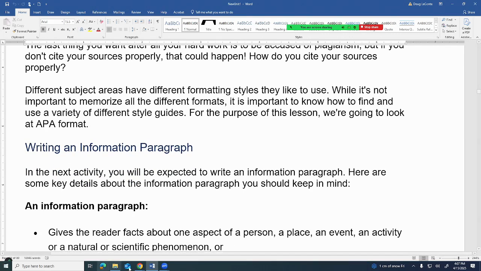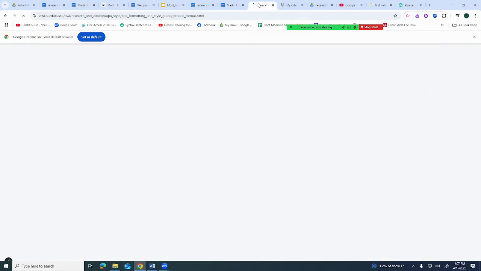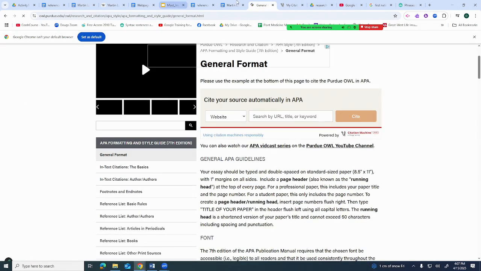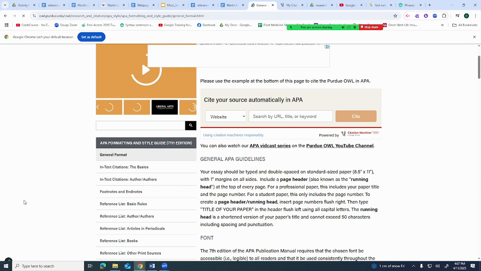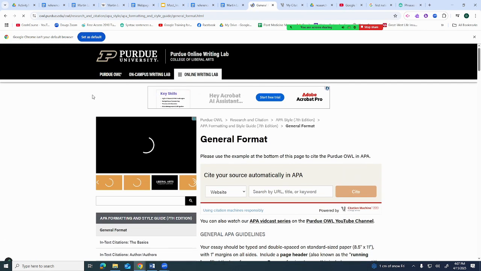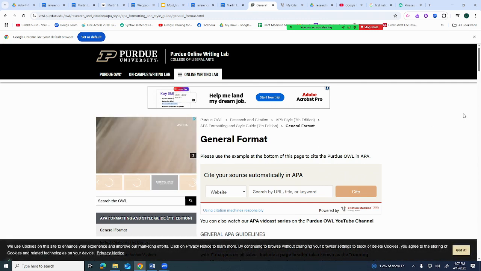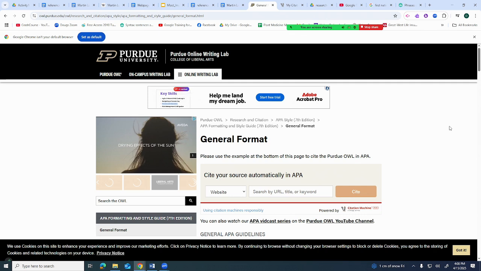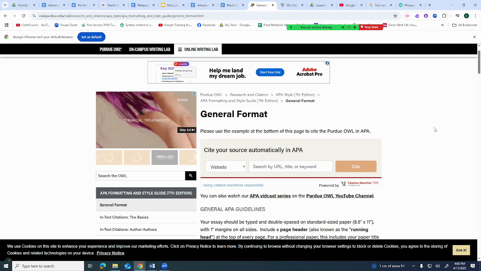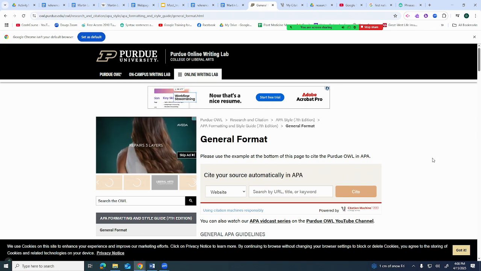All right, so right now I'm going to bring you over to the Owl Purdue site. Here it is right here. I've got it up on my tabs here, right? And see, Purdue University, but it's called OWL, the website. Now, a lot of universities and colleges have something similar, but I have gotten used to using the OWL site over the years because it's pretty thorough.